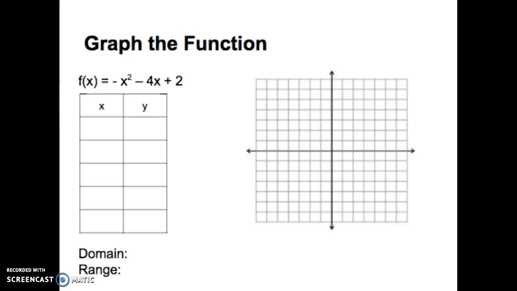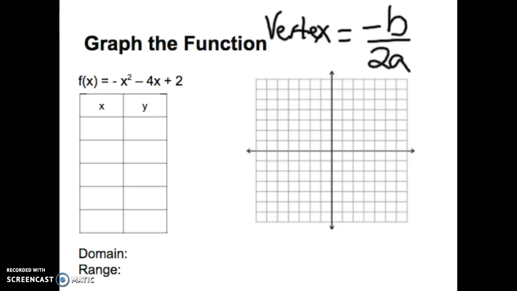If we remember, the vertex is found by taking -b over 2a. We take a look at our equation of our parabola, and we see that a is the number in front of the x squared, b in front of the x, and c is the constant out by itself.